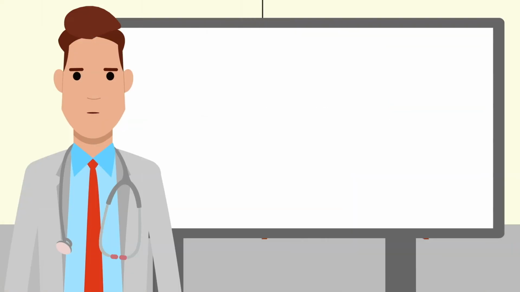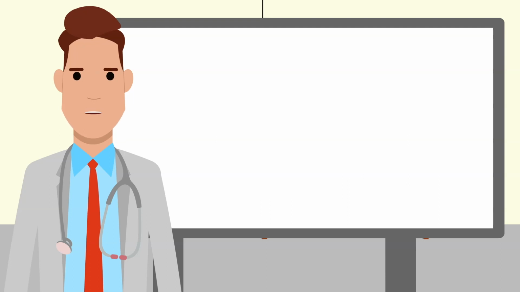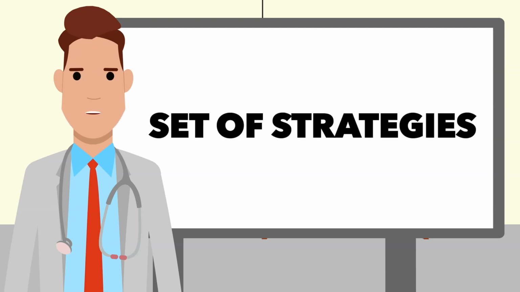Step number 3, developing an intervention plan. After the data has been analyzed and a hypothesis has been formed regarding the function of the behavior, then an intervention plan can be developed. An intervention plan is a set of strategies to help manage and decrease challenging behaviors.